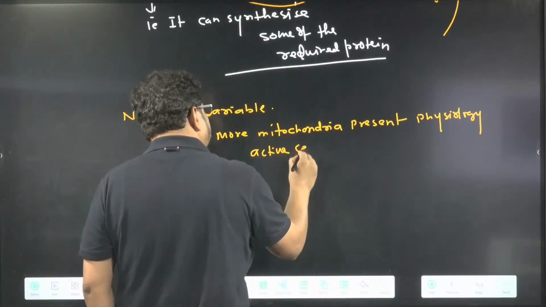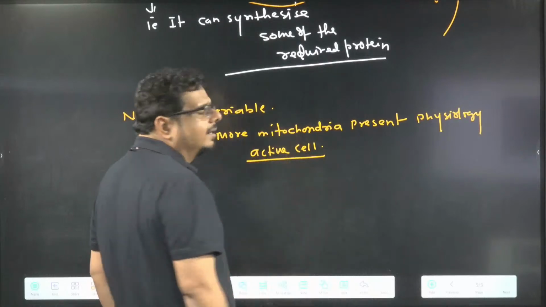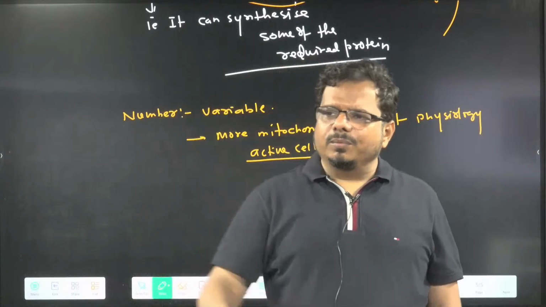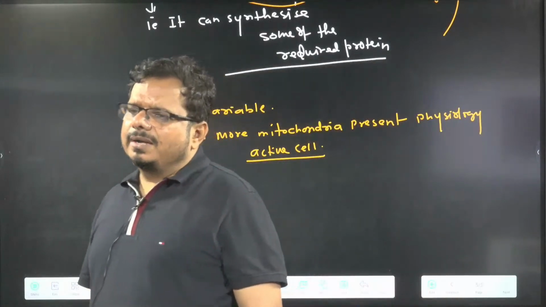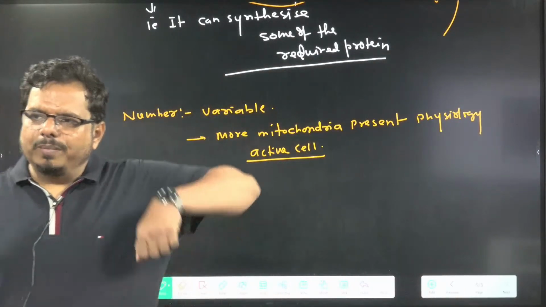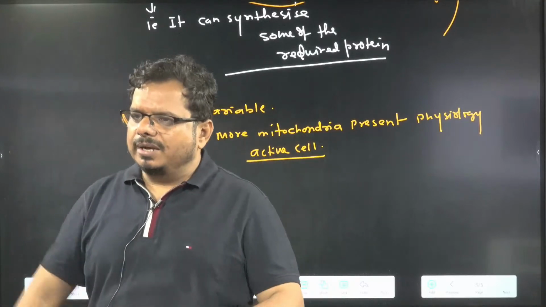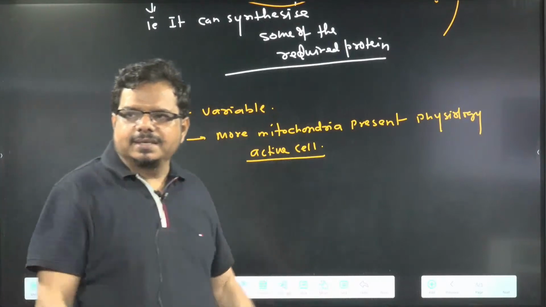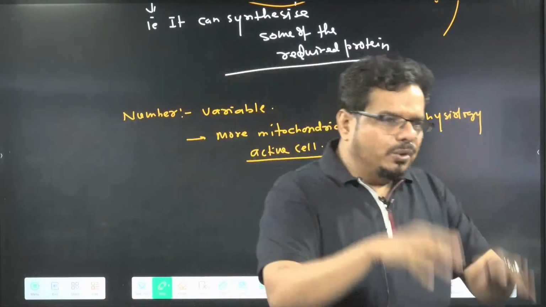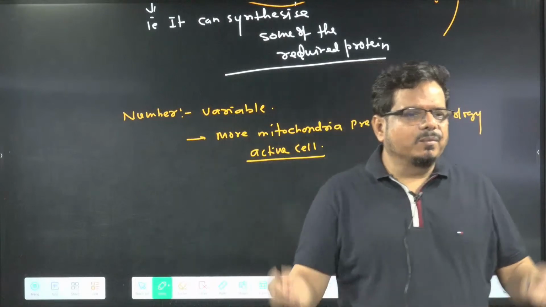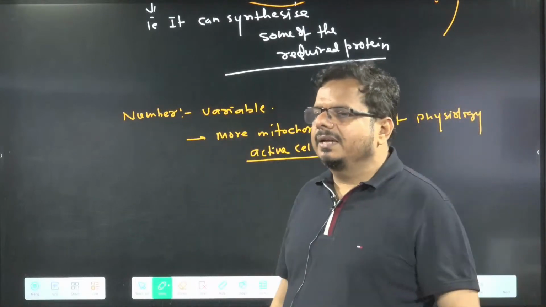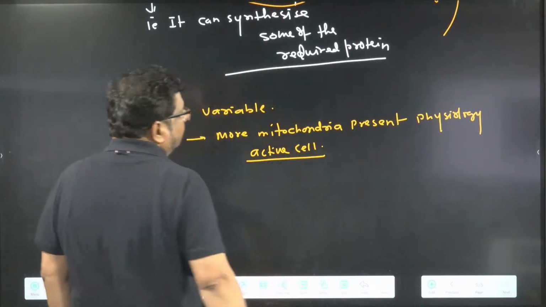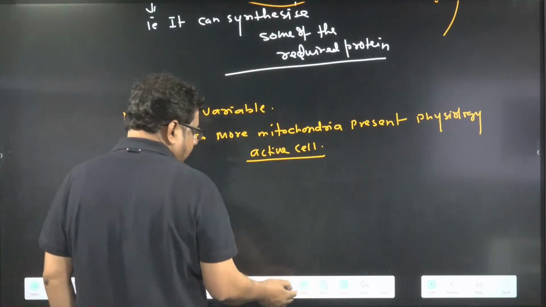So the cells which are more active have more mitochondria. The cells which are less active have fewer mitochondria. Even in your body, each cell doesn't have the same number of mitochondria. Your muscles have more mitochondria because they are working. So they need more energy, more ATP production. More ATP production, more mitochondria. So it depends upon which one? Physiological activity of the cell. Is it clear in the mind?